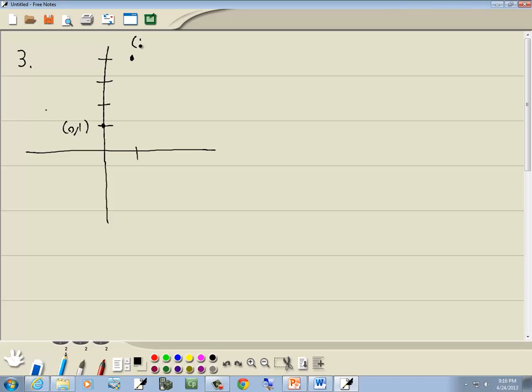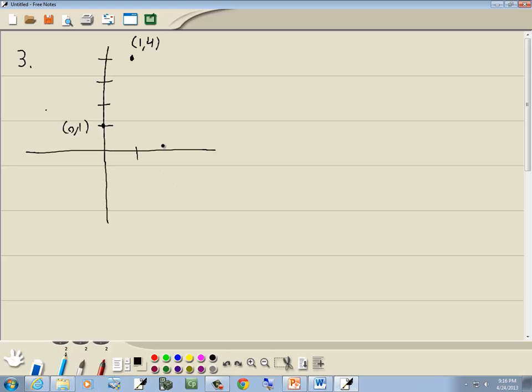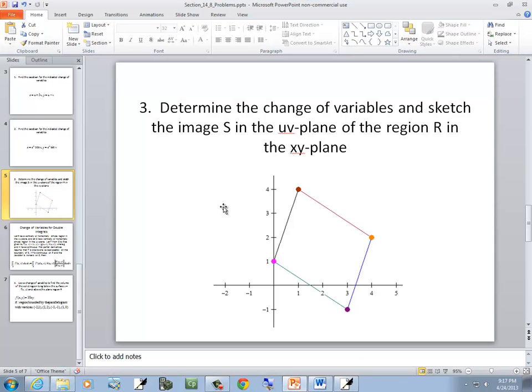Should be right here. And we got 3, negative 1. Which should be right here. And then 4, 2.